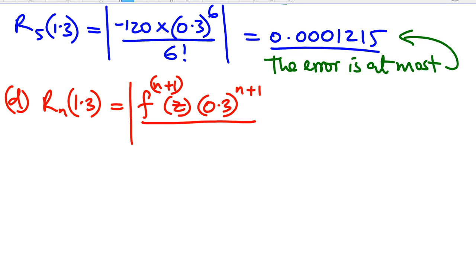Remember, we don't know what n is. That's what we're trying to find. So we can carry on and try to find what we need. So we need the (n plus 1)th derivative.